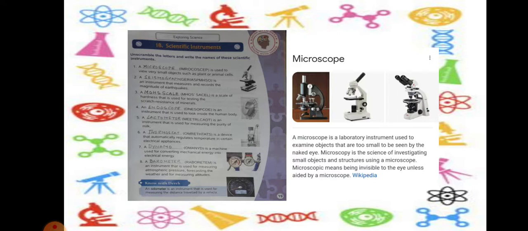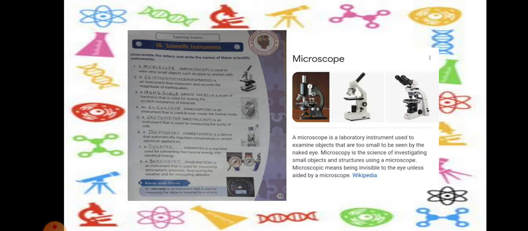A microscope is a laboratory instrument used to examine objects that are too small to be seen by the naked eye. Microscopy is the science of investigating small objects and structure using a microscope. Microscopic means being invisible to the eye unless aided by a microscope.